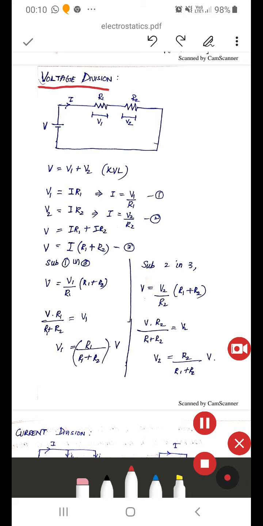Hence, the current in a series circuit is constant, and voltage is divided.